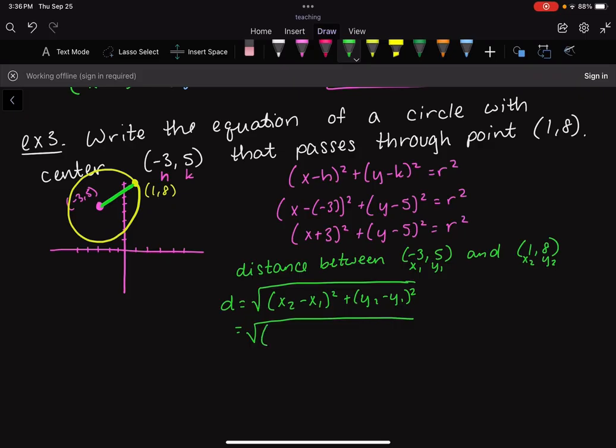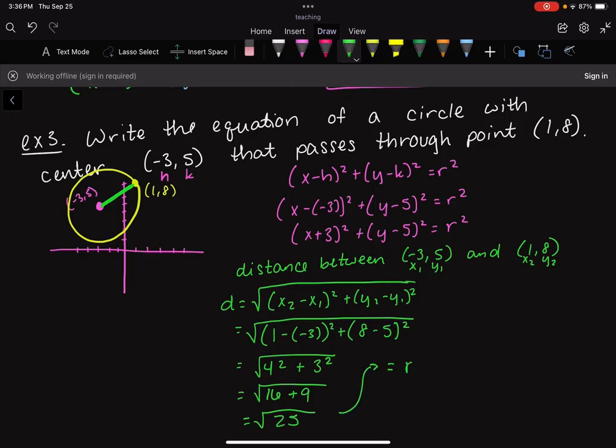So I have 1 minus negative 3. For the y's, I have 8 minus 5. Simplifying here, so I get 1 plus 3, so that's 4. 8 minus 5, so 3. Keep going. I get 16 plus 9. Keep going. I get 25. So this means that my radius is 5.